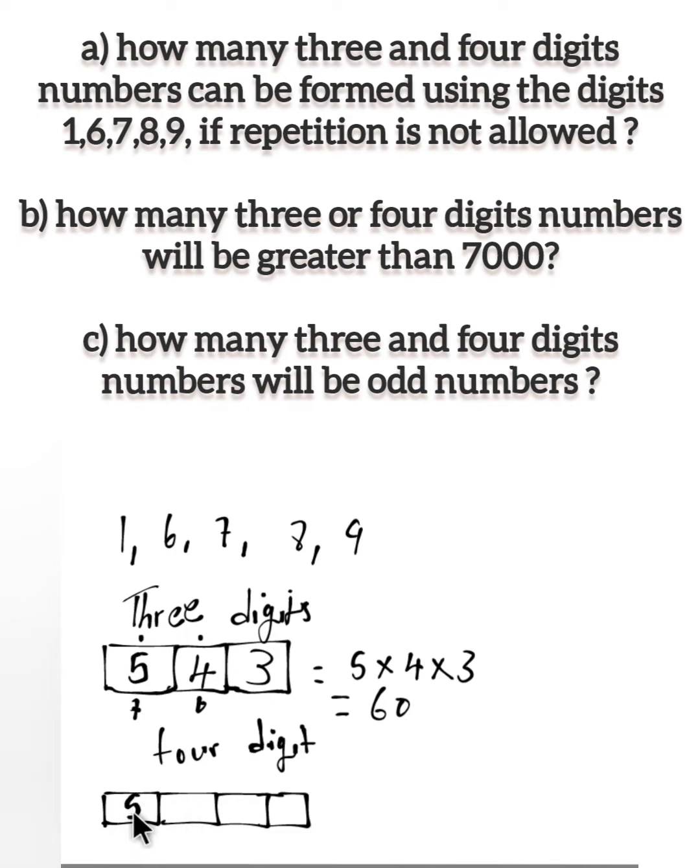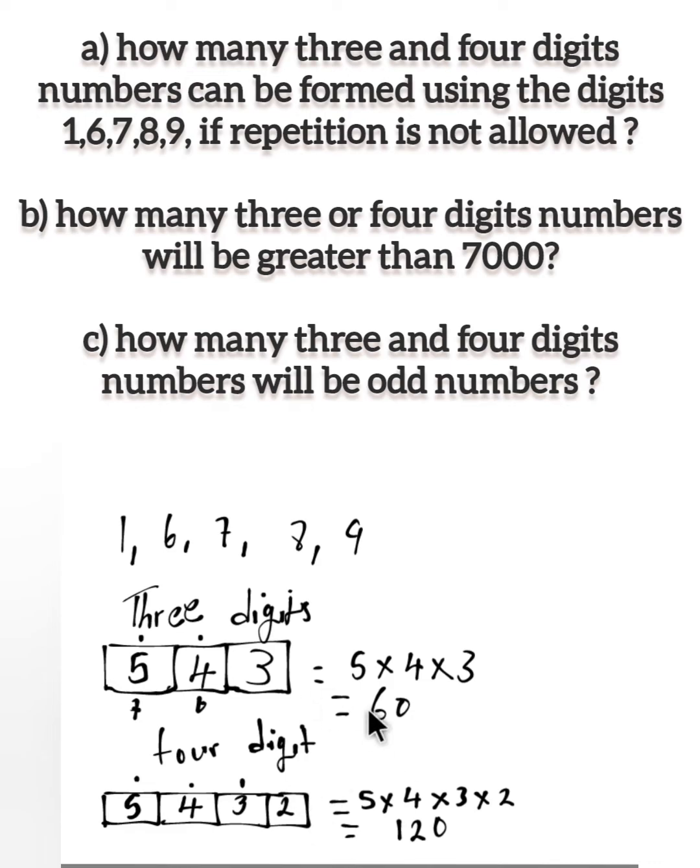Assuming the first slot took 1 number, 4 numbers can appear here. Now, this one will also take 1 number, then 3 will appear here, and 2 numbers will appear here. It's as simple as this. The number of ways of arranging 4 digits is 5 times 4 times 3 times 2, and when we multiply it, the answer will be 120 ways.